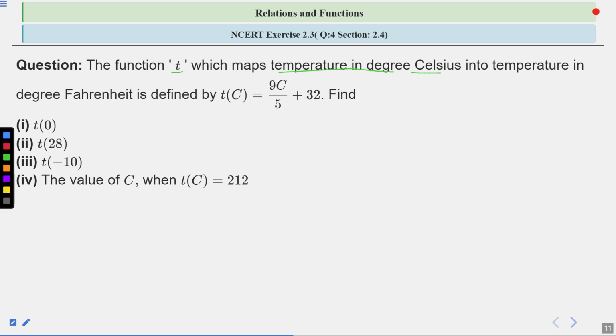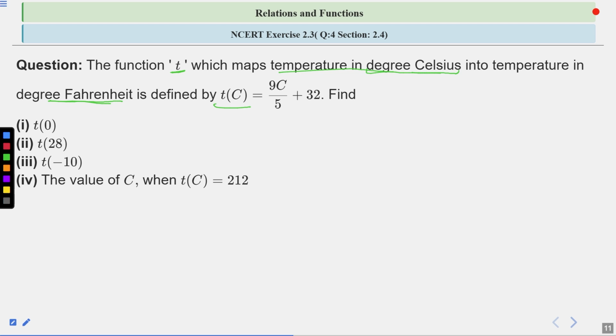This question: if T, the function T, maps temperature in degree Celsius into degree Fahrenheit. So you have your function T which takes input as degree Celsius, and output is in degree Fahrenheit. Clear? And your function is defined by T(C) = 9C/5 + 32.